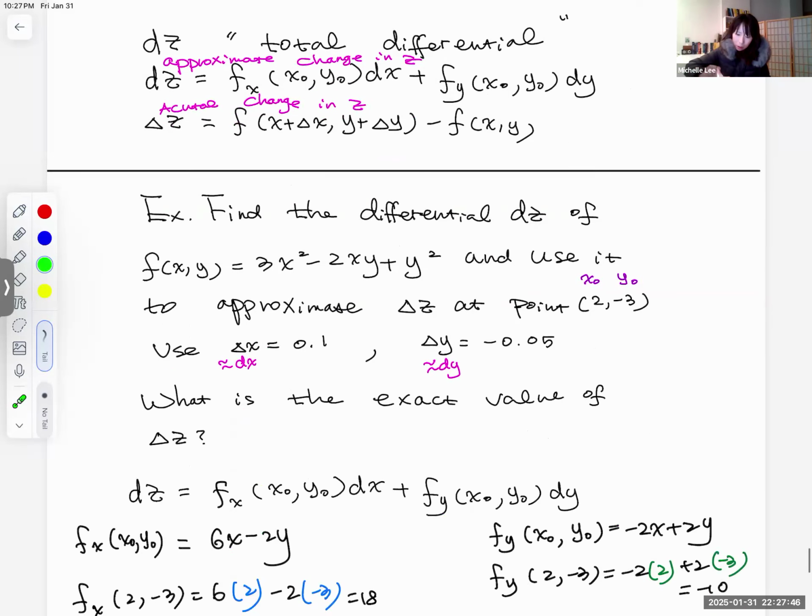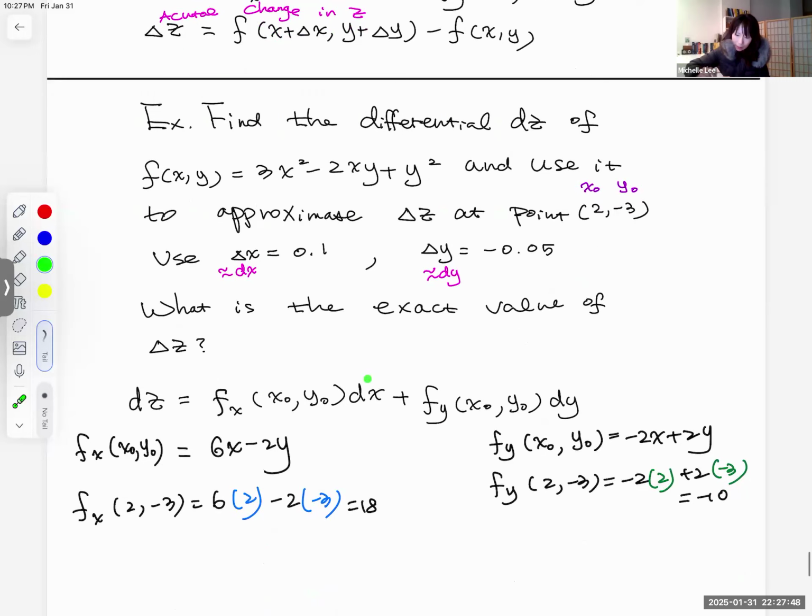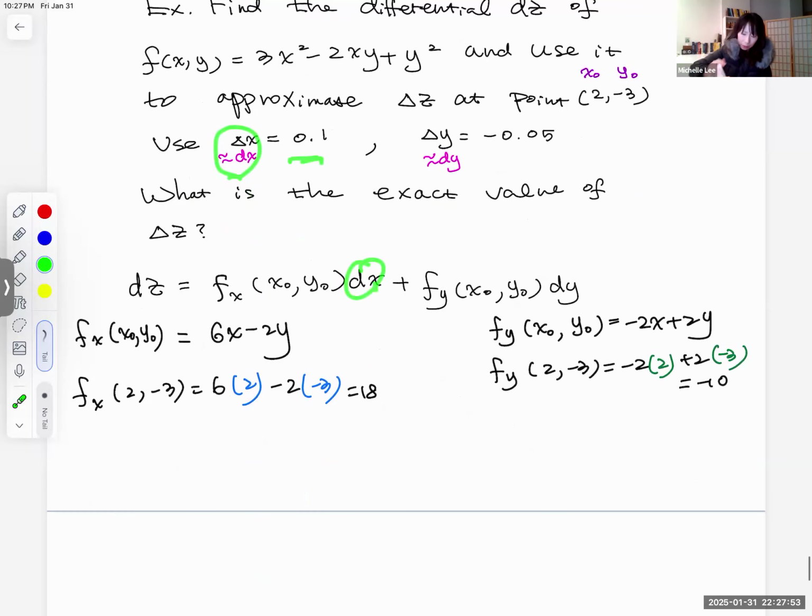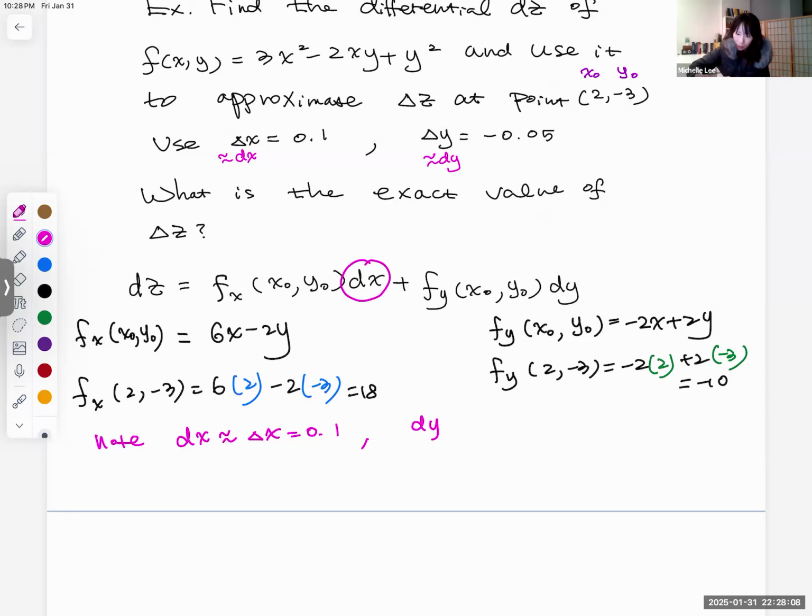So dx equals delta x, which is 0.1, and dy is approximately delta y, which is negative 0.05. We are using those here. Okay, let's do it.